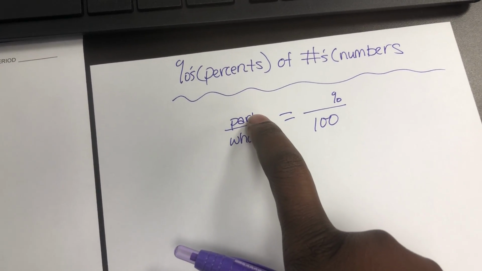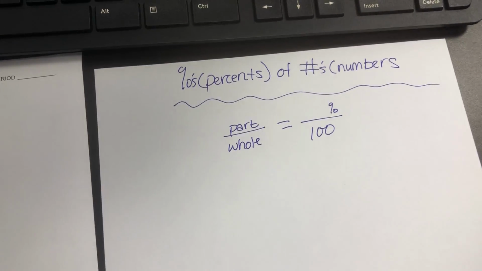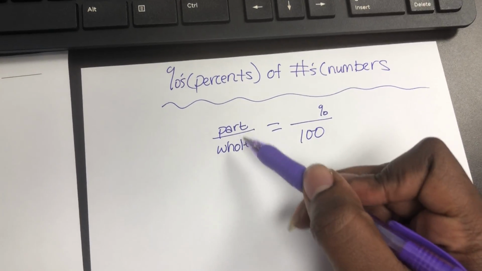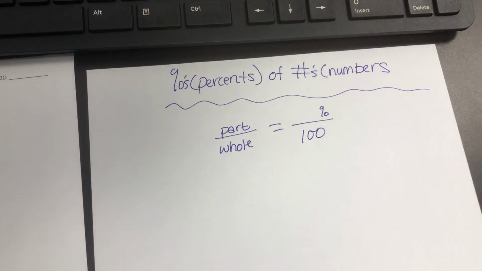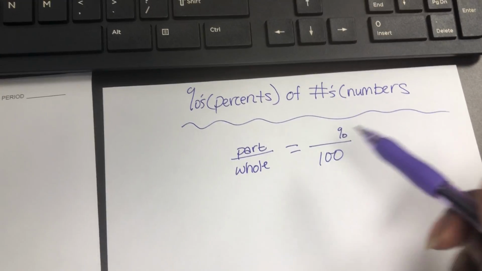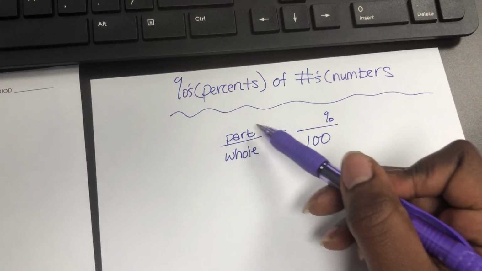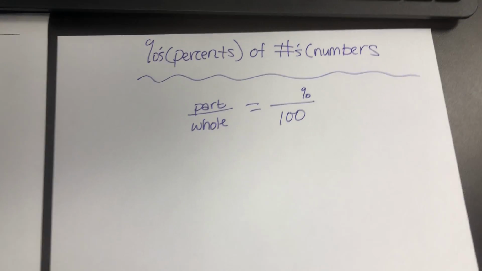So you're missing the part. Sometimes you have to come up with the whole, sometimes the percent. But in this case, we're coming up with the part.